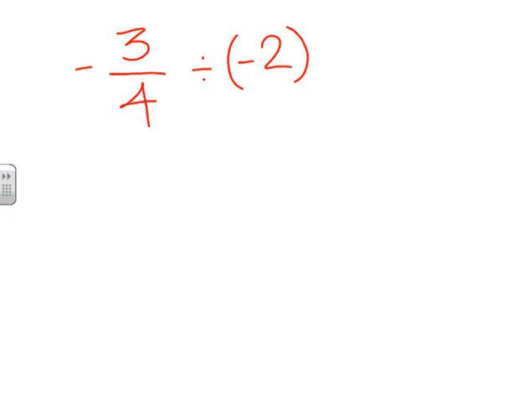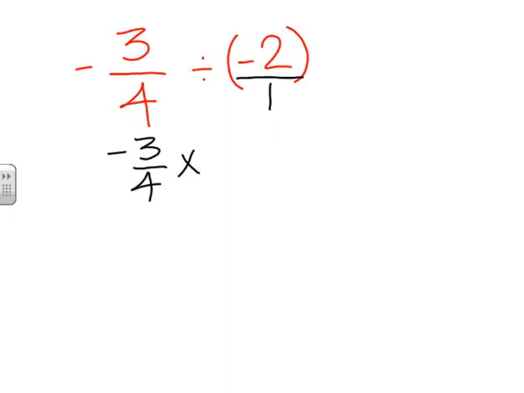All right, next up, we need to rewrite the whole number in fraction form. So just like we saw before, anytime you have a whole number, you're just going to divide it by 1 or put it over 1, and now you have a fraction. Okay, we're dividing again, so first fraction stays the same. Change division to multiplication and multiply by the reciprocal.